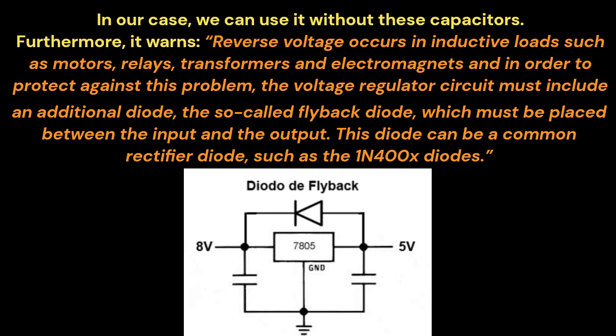Furthermore, it warns: reverse voltage occurs in inductive loads such as motors, relays, transformers and electromagnets, and in order to protect against this problem, the voltage regulator circuit must include an additional diode, the so-called flyback diode, which must be placed between the input and the output. This diode can be a common rectifier diode, such as the 1N400X diodes.